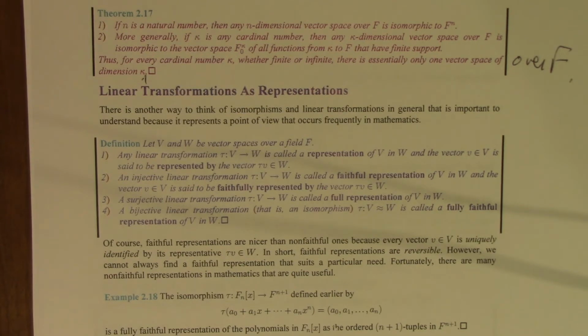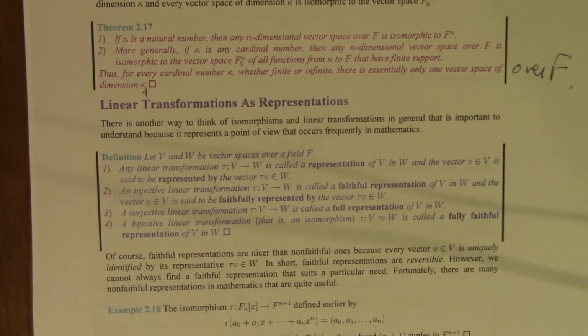In a given context, a physical environment or computer science or whatever you're working in, the elements of the vector space have meaning, and so just because two vector spaces are isomorphic certainly does not mean they're interchangeable. It only means that they have the same linear structure, but they're still different if the underlying sets are different.